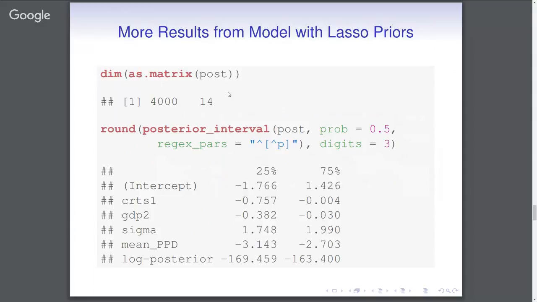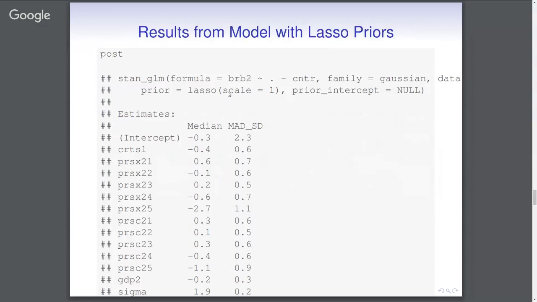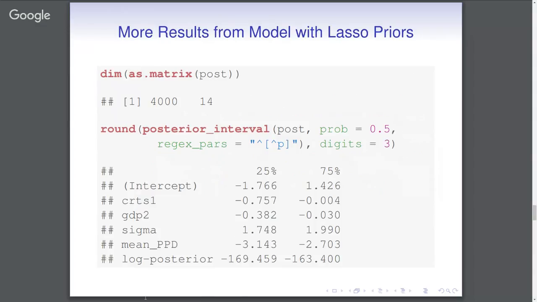And there are 14 dimensions to this posterior distribution, like intercept, the p variables, GDP and sigma. Those are 14 unknowns. In each of the columns you have 4,000 draws from the posterior distribution that you can use to describe your posterior distribution however is appropriate.